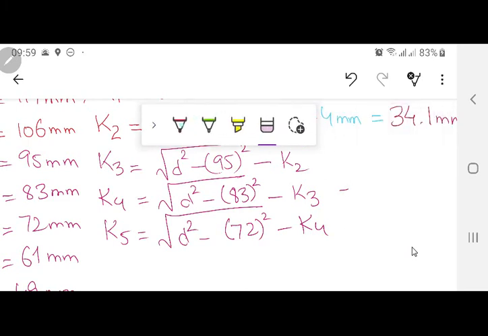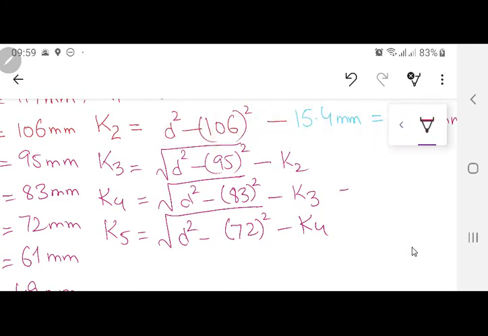So this will be minus K1 minus K2, and so this will be minus K1 minus K2 minus K3, K1 K2 K3 K4. Do it.